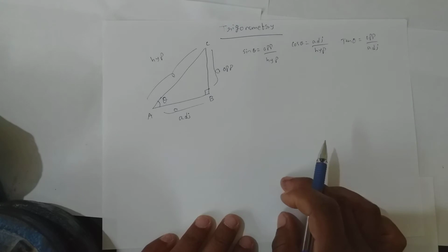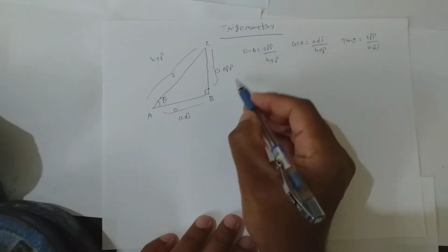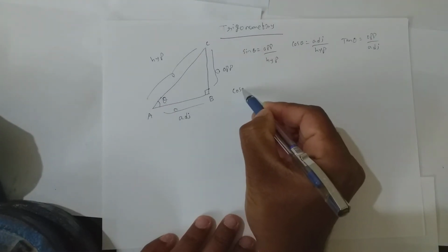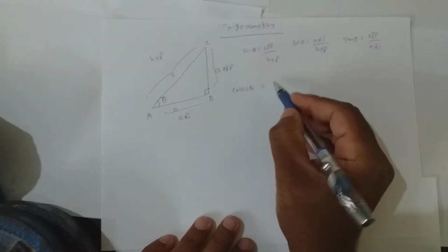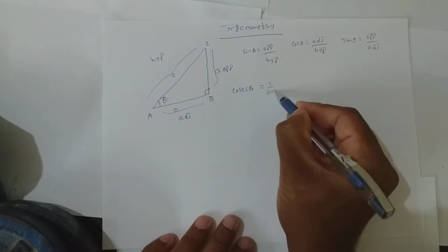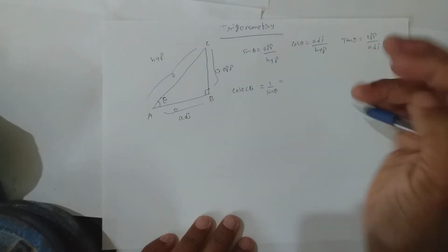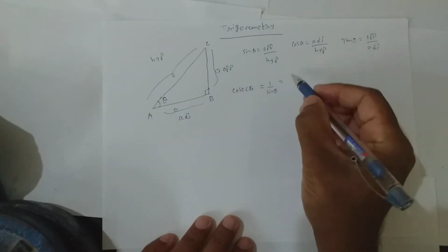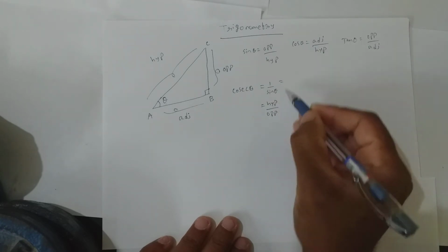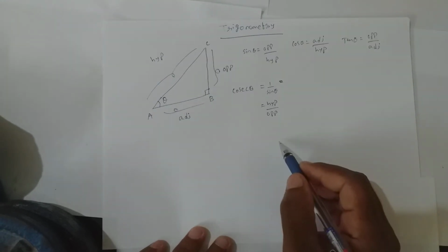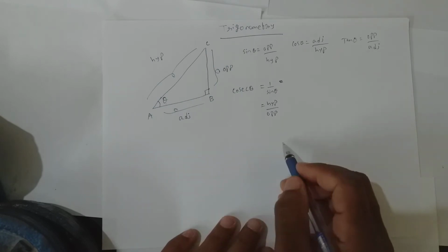Now in A level, what you need to learn is cosecant theta or cosec theta. Cosec theta is nothing but the reciprocal of sin theta, which is 1 by sin theta, which is hypotenuse by opposite. Clear so far?